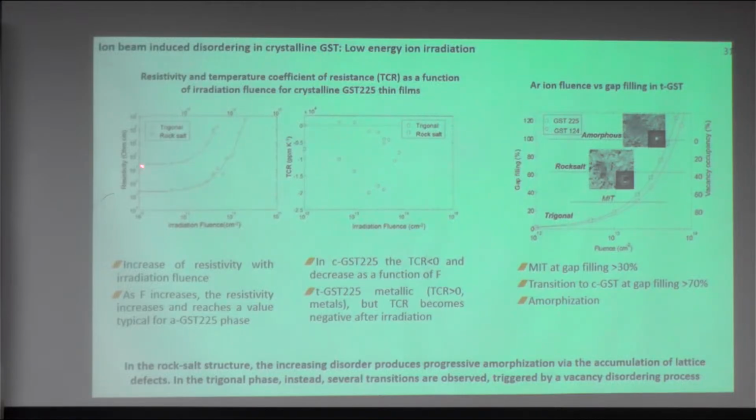So here we see the transformation from the crystalline phases to the amorphous phase, because the resistivity value approaches the value for the amorphous phase.